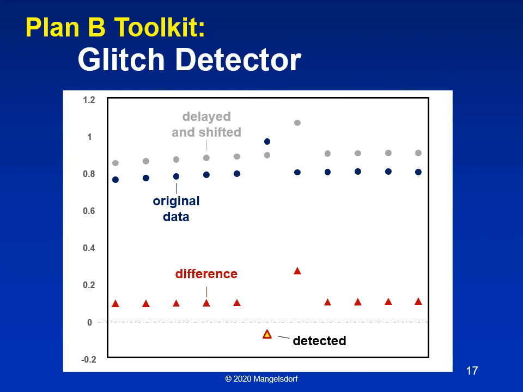So when a glitch does come along, it stands out. Here a difference in this sample pops up that causes a kind of doublet, which triggers the detector. And this allows you to see instantly if you've got a problem or not.